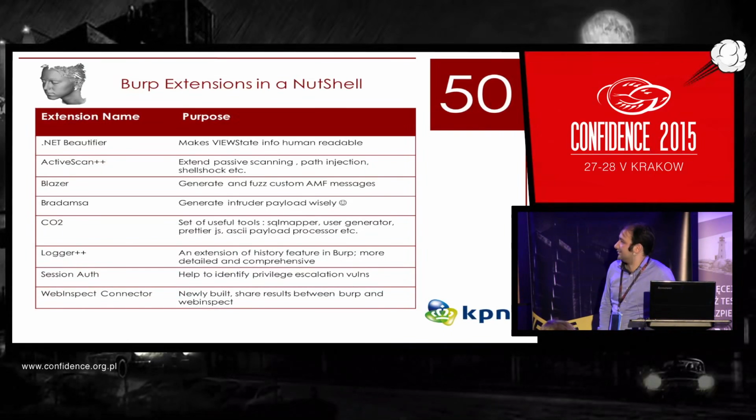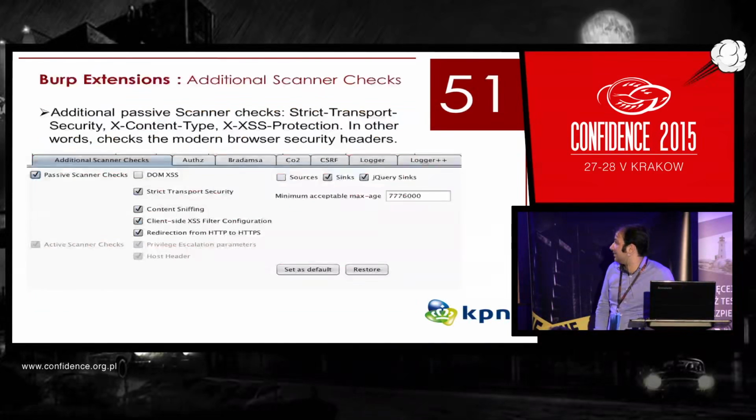For example, an interesting one could be Active Scan, where you can passively do scanning and path injection. It can also be interesting if you are using the WebInspect scanner, so you can share the results between Burp and WebInspect.